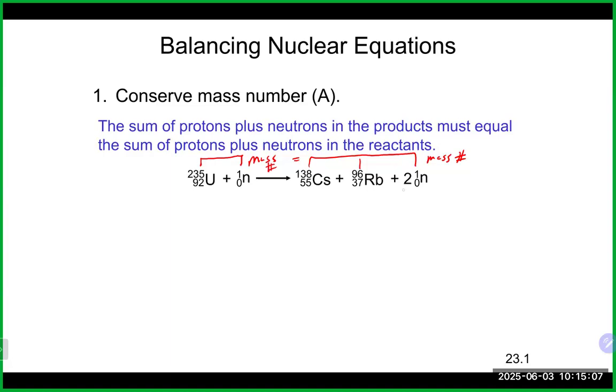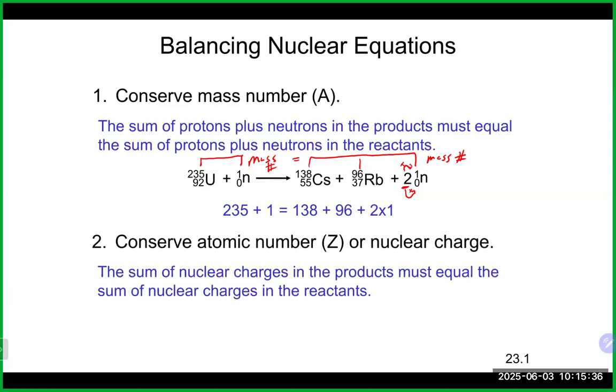You can see in this equation that we have a coefficient in front of the neutron, and that coefficient needs to be multiplied by the mass number and the atomic number. When we count the mass number for our neutrons, because there are two of them, that's a 2 up on top, along with 96 and 138, which gives us 236 on the right, and 235 and 1 give us 236 on the left.